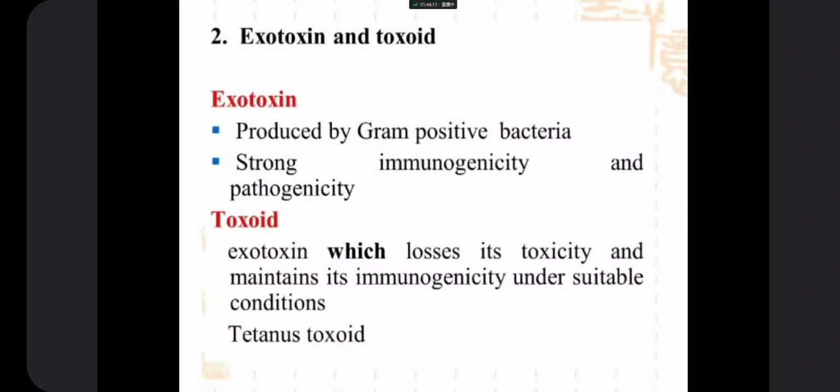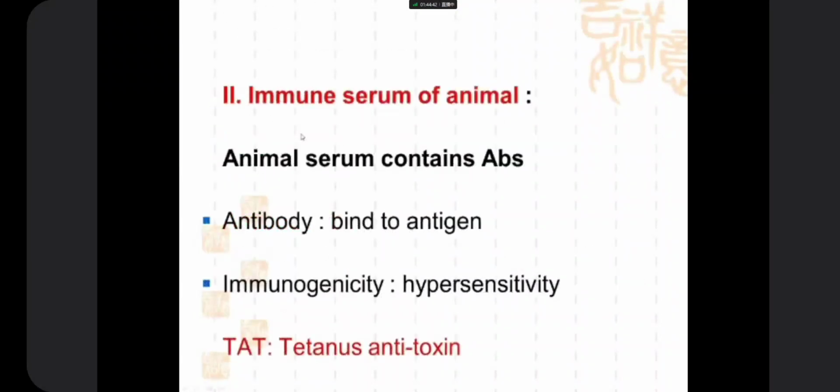For example, tetanus toxoid is widely used in medicine. Toxoid in Chinese is 类毒素.